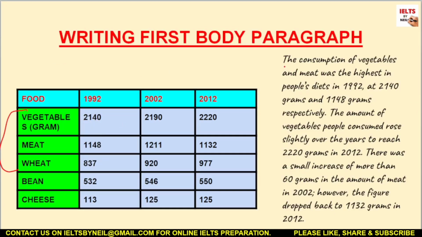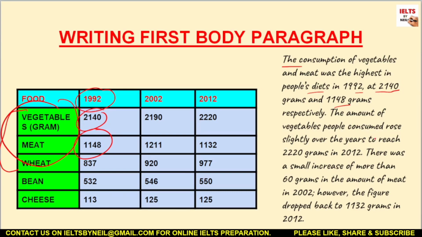I've written: the consumption of vegetables and meat was the highest in people's diet in 1992, at 2140 and 1148 grams respectively. So we're talking about 1992, and these two were the highest. That's correct.